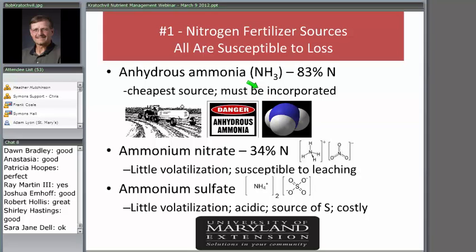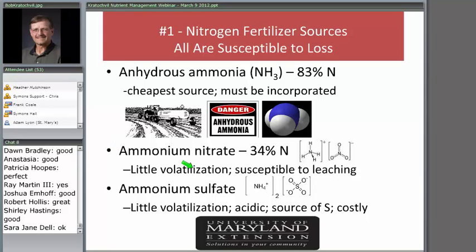Typically, it's injected into the soil when soil temperatures have cooled off in the fall. You get fall applications, you get early spring applications. That's when a lot of nitrogen is supplied in the Midwest. Another form of nitrogen that we actually used a lot of 15, 20 years ago, ammonium nitrate. 34% nitrogen.